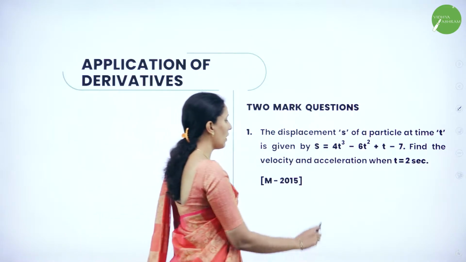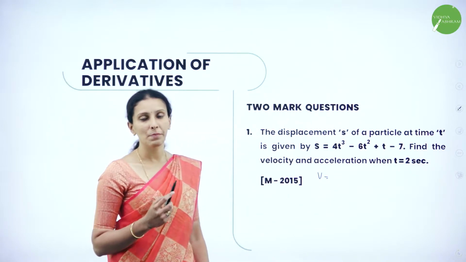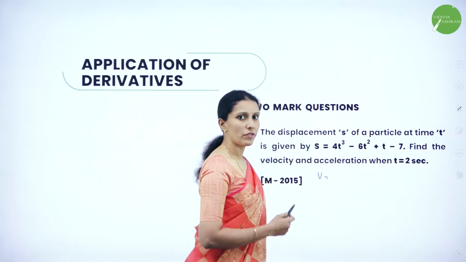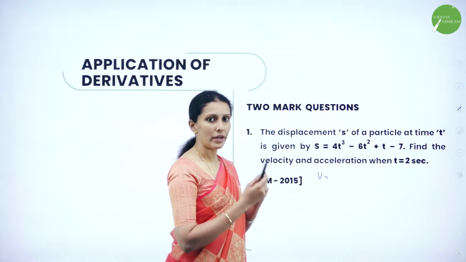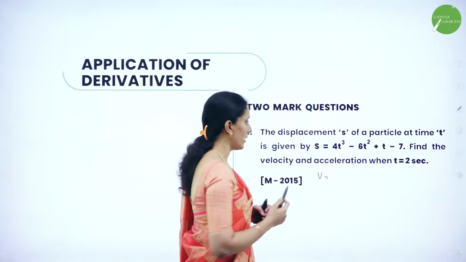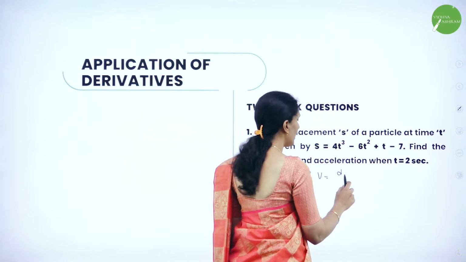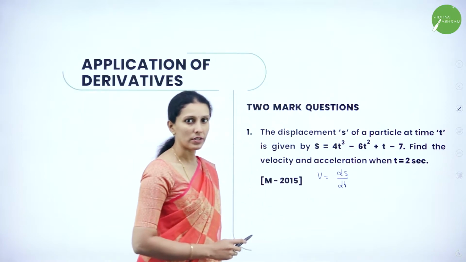We know that velocity is nothing but rate of change of displacement with respect to time. So therefore, rate of change is always the small change in one quantity with respect to another quantity. Hence, here rate of change of displacement is given by ds by dt, that is change of displacement with respect to time.